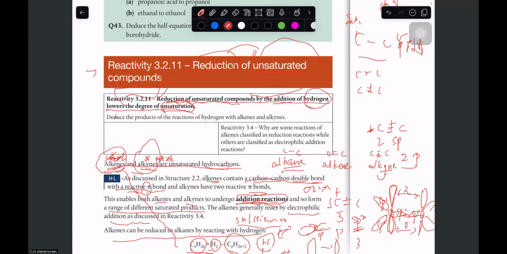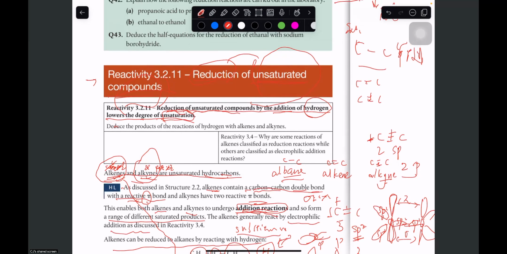Unsaturated may have the double or triple bond. Yeah, you're right. Quite right. The unsaturated compounds mean that the compounds with double bond or triple bond, right?